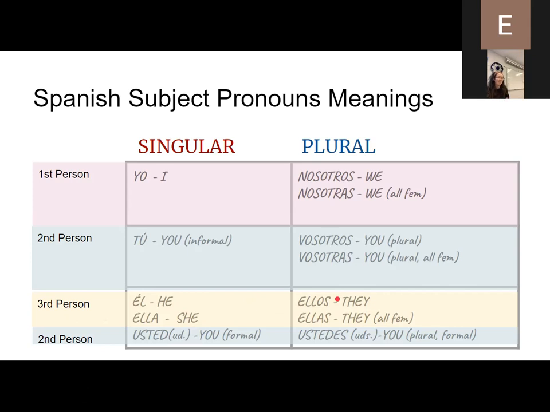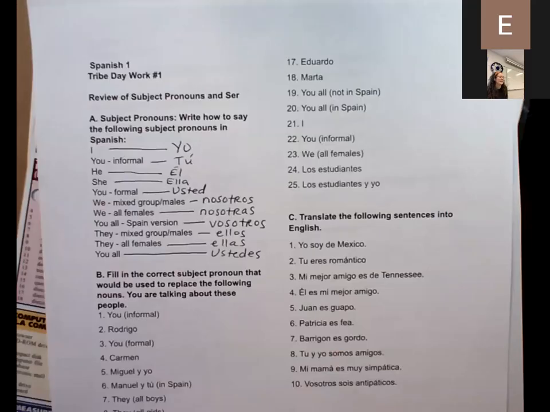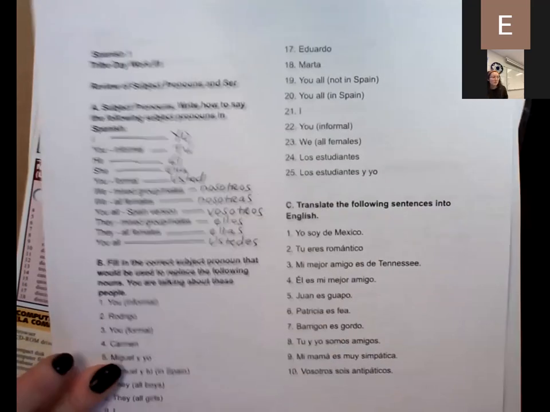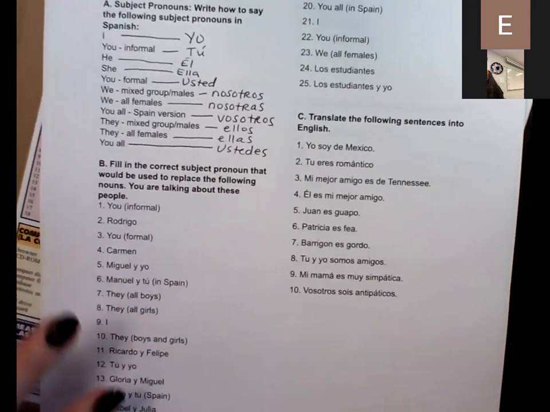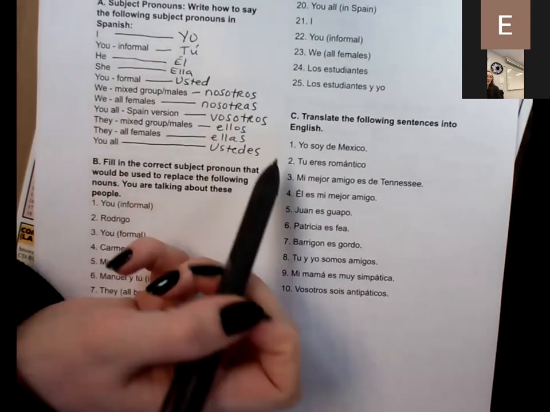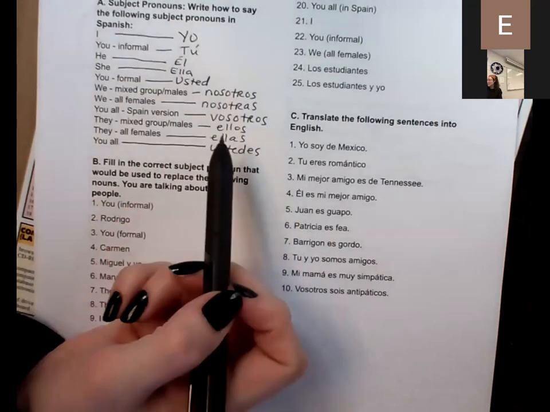So we are going to use this chart to complete part B of our assignment. Part B gives us a subject or a translation, and we have to select the appropriate Spanish subject pronoun out of these ten to replace it.